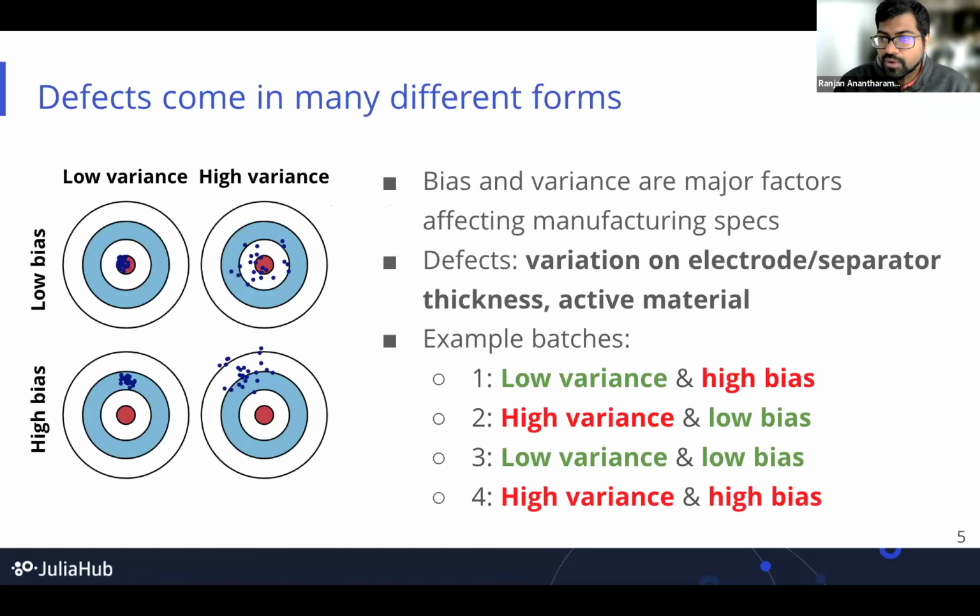So when we talk about defects, there's yet another way to think about them. We like to think about them in these two axes of bias and variance.